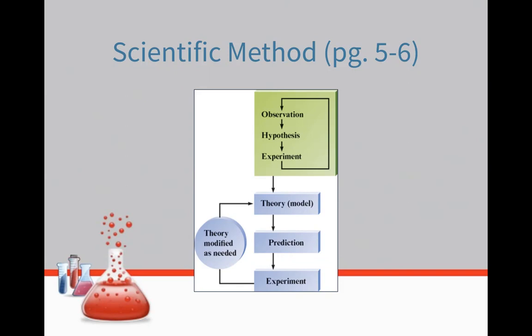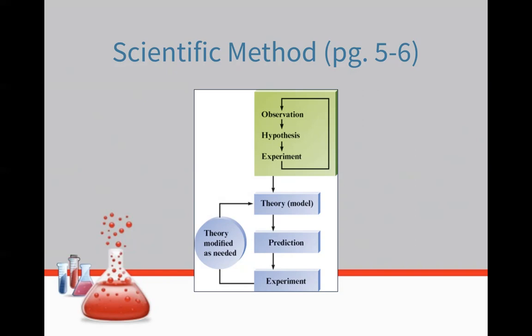A hypothesis is a possible explanation for what it is that you are observing, whatever that phenomenon is. And that hypothesis needs to be able to be tested to see if what you have put forth can be used to explain that observation.